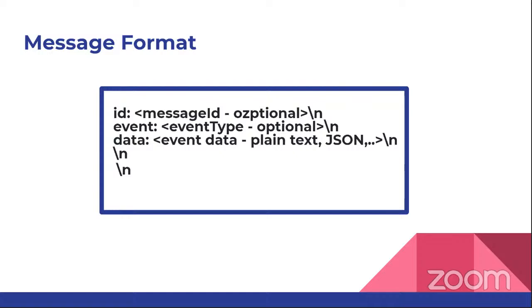Now, you don't need to send an ID and an event all the time, and I'll get to why you need to send those eventually. If you're just looking at something very simple, you can just send data, and in data you can send any text, you can send a JSON, you can send anything there. And that's pretty much it. So it's this simple. It's just two steps to build a simple SSE server.